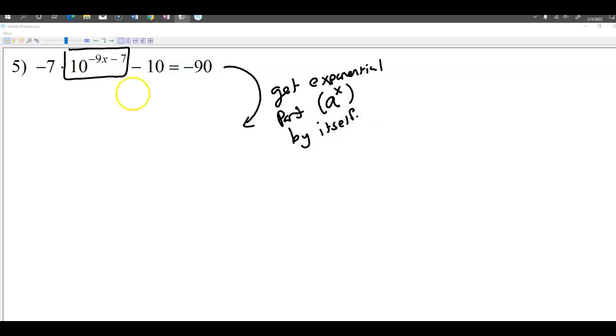So to do that, I'm going to start by adding 10 on both sides. Oh, I just got ahead of myself there. So those cancel.